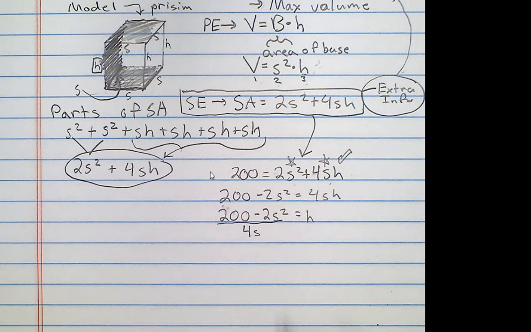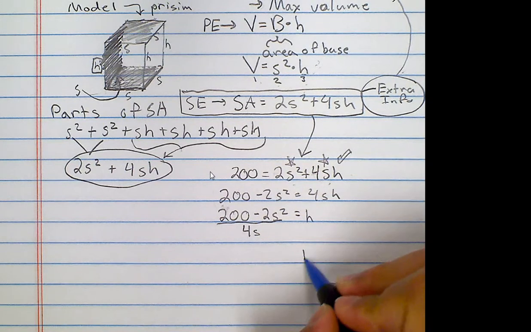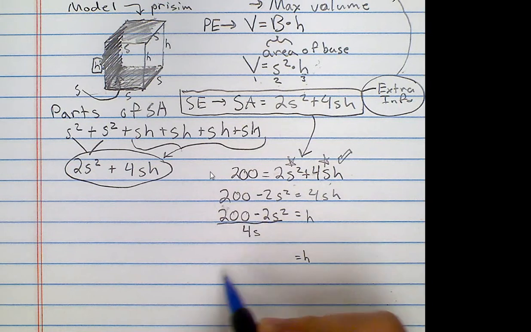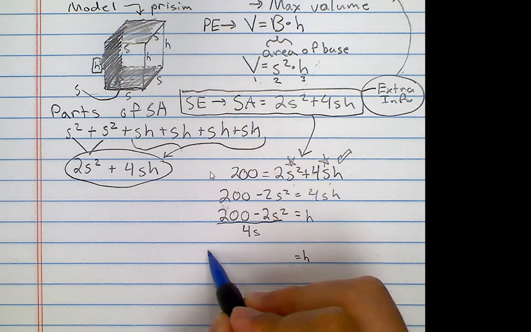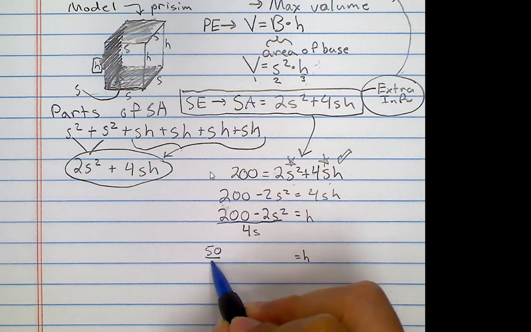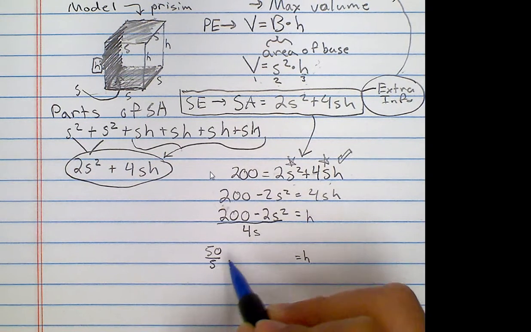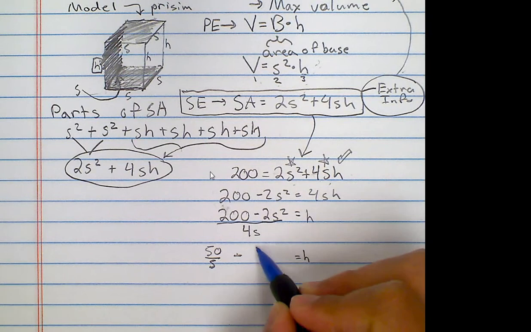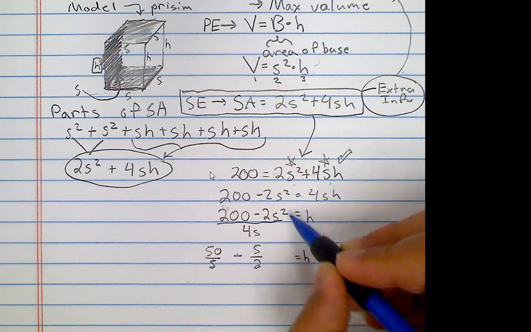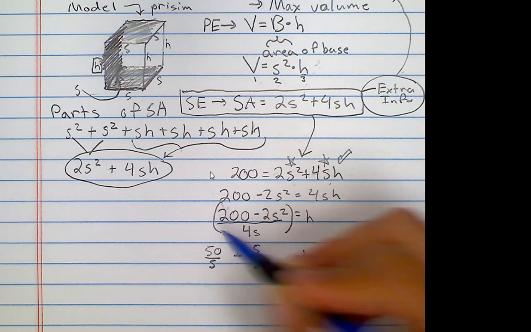We can write it nicely by splitting it up into 2 fractions: 50 over s minus s over 2. Very good. You don't have to, but you can leave it at that if you want to. In fact, let's see what happens when we leave it at that.